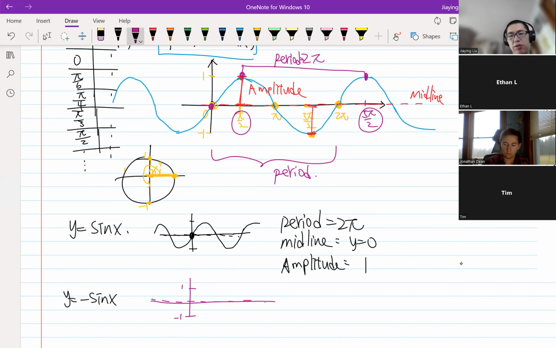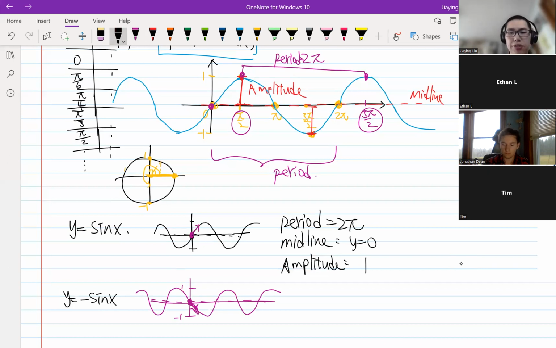The graph goes to the maximum at 1, the minimum at -1. But instead of going up from the origin, from the midline, it actually goes downwards because it's being reflected. So it's going downwards starting from the origin. But the original graph from the origin goes upwards when it moves to the right. So that's something to keep in mind.